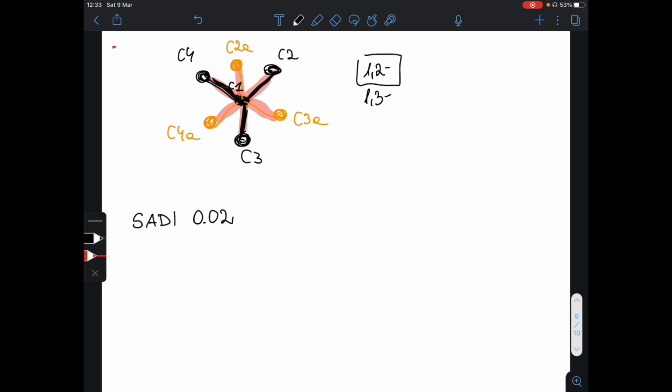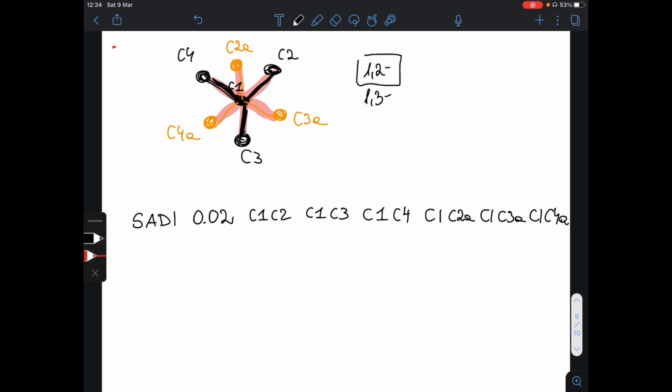So what can we write? C1, C2, we want it to be the same as C1, C3, the same as C1, C4, and these will be the same as C1, C2A, C1, C3A, and C1, C4A. Okay? That was for 1,2 distances.